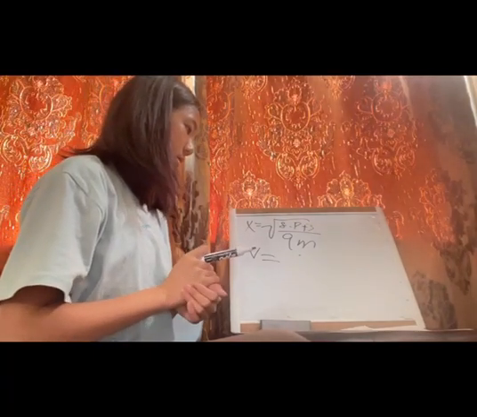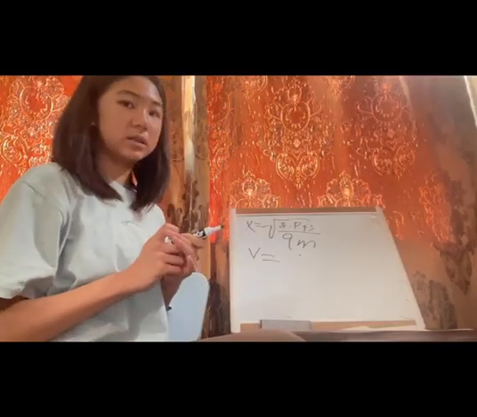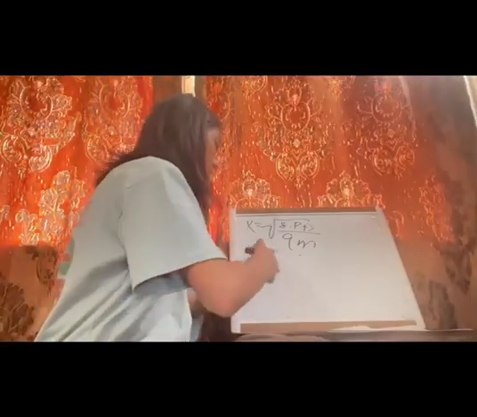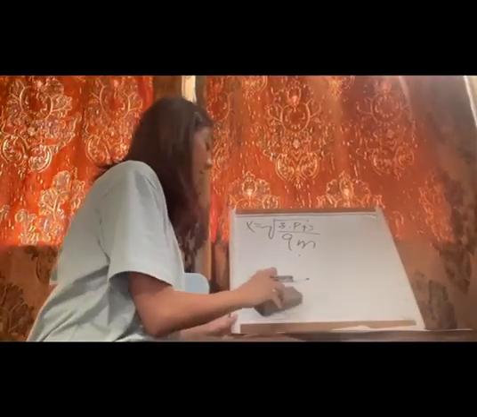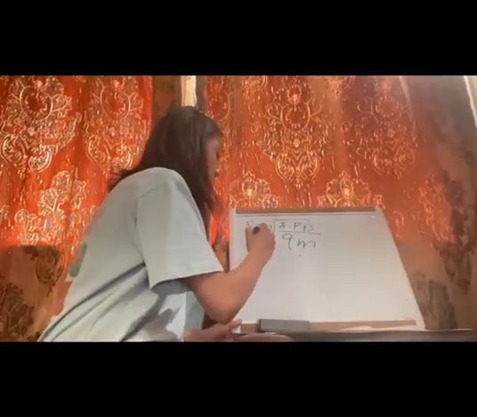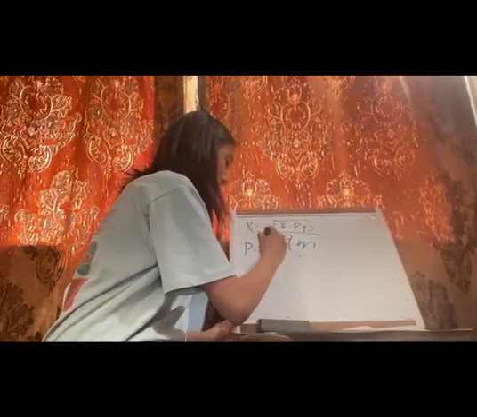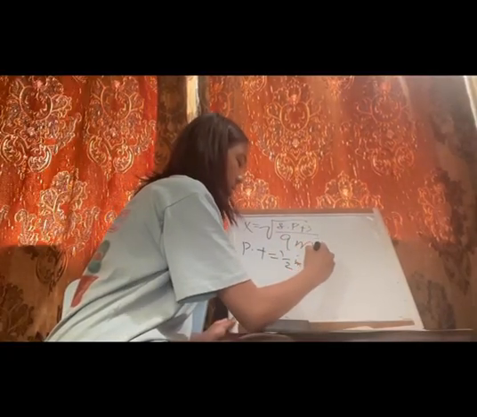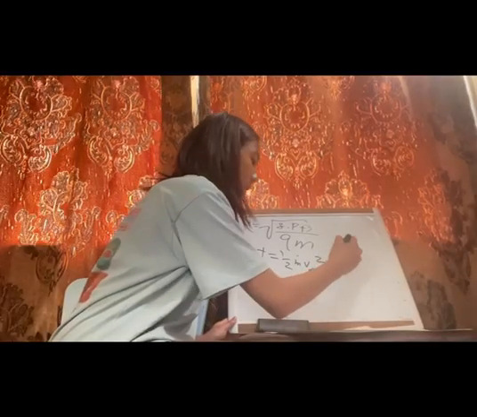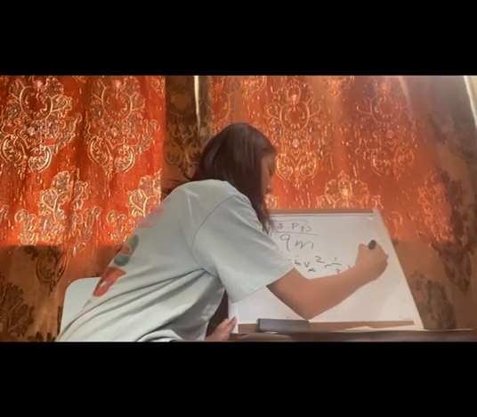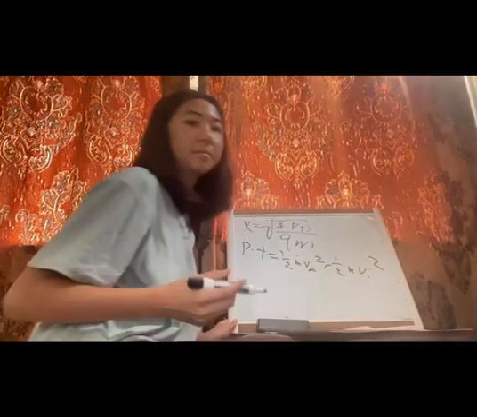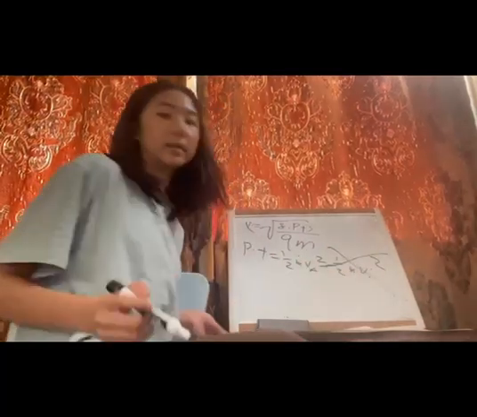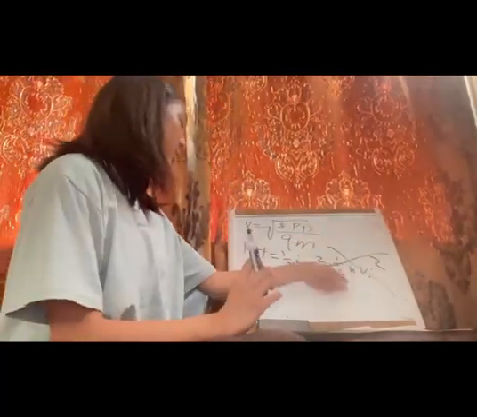Since this is over a period of time, we have to use the change of energy equation. So that is P multiplied by t is equal to half m v_f squared minus half m v_i squared. Since we know that this is from rest, this is completely useless, so we can just kill that.